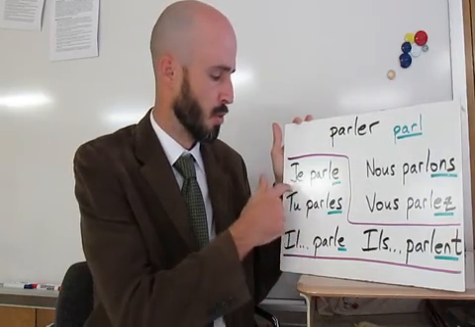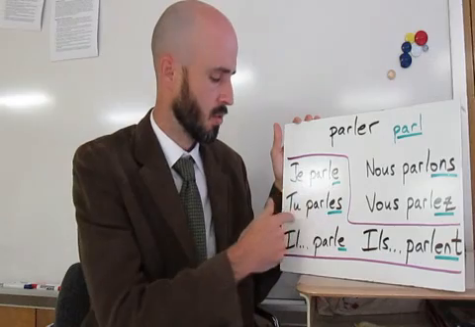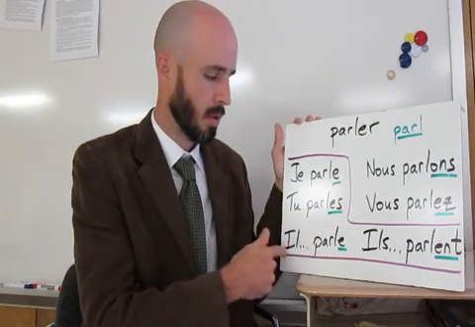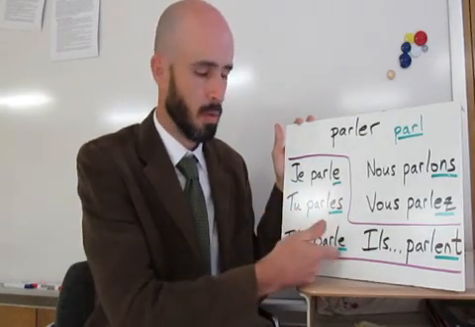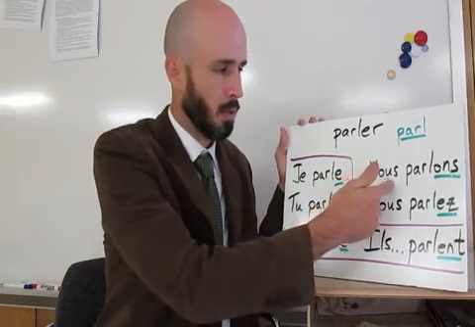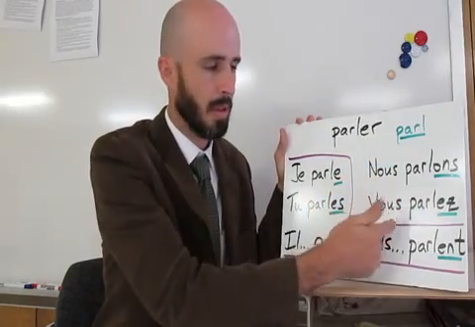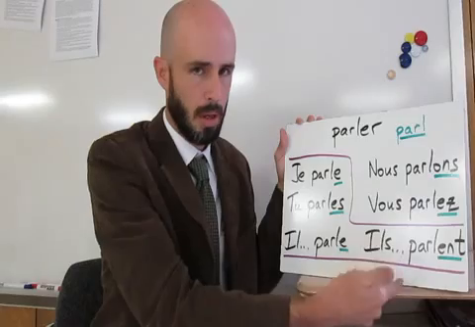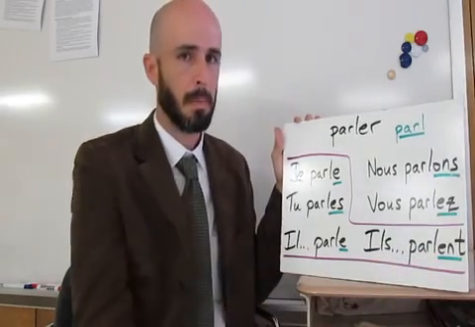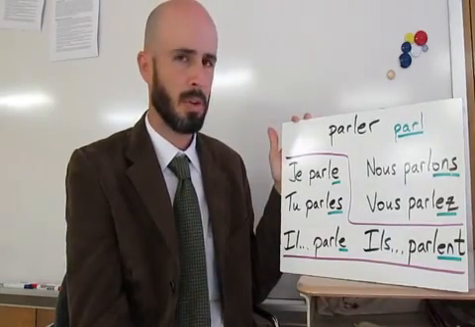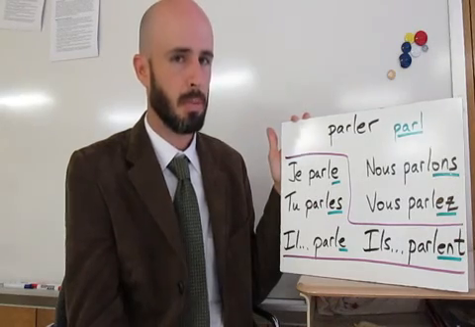The je ending is just an e, tu is es, il, elle or on is just an e. The nous ending is ons, the vous ending is ez, and the ils or elles ending is ent. But check out how they sound. Pay close attention and pronounce with me.